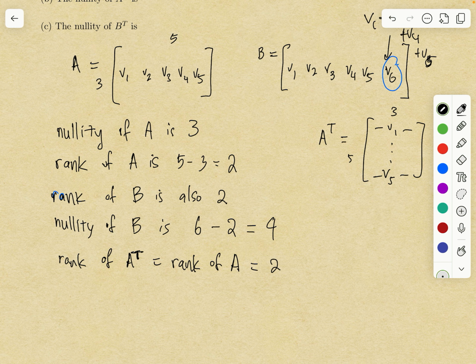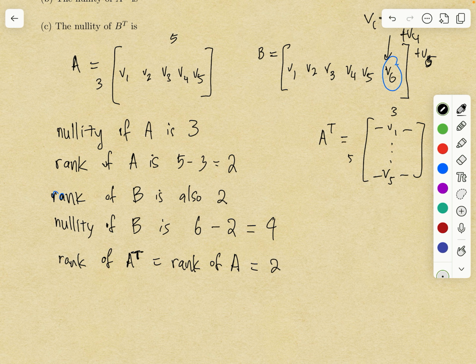And the row space of a matrix is the same dimension as the column space, right? The dimension of the row space of a matrix is the rank of the matrix. So the rank of A transpose is the rank of A. That's just true no matter what matrix A is.